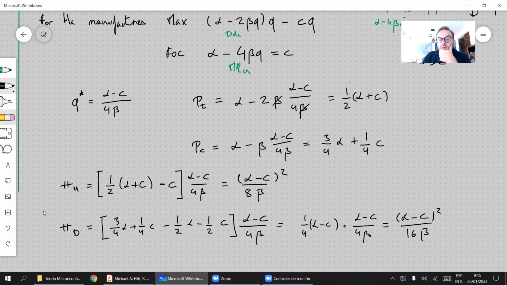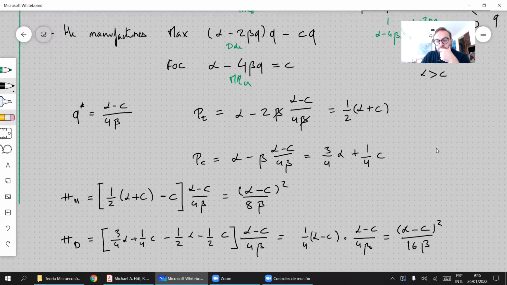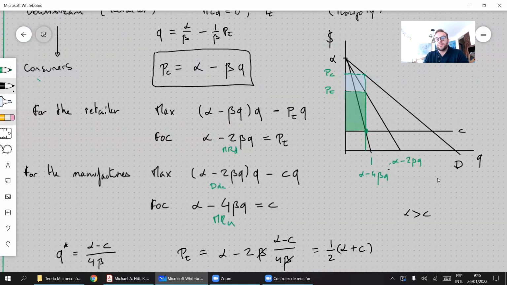What is important maybe is to think what would happen if we have vertical integration. That is, what would happen if instead of having two firms, the firms integrate and they become only one monopoly. So let's say that the same firm does the manufacturing and does the retailing.